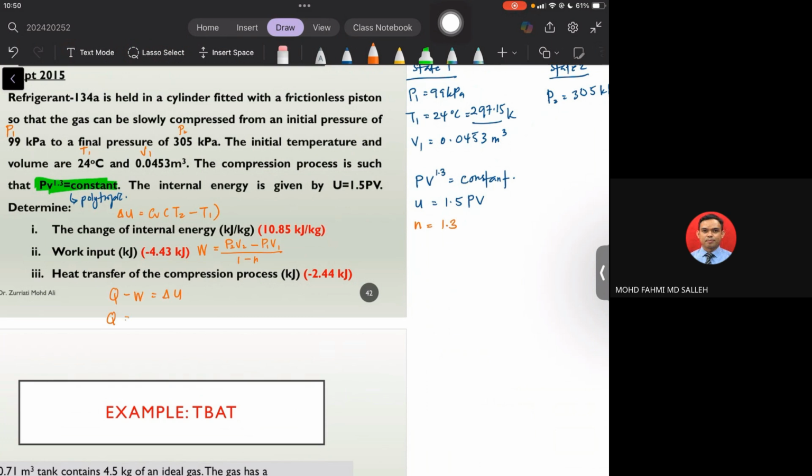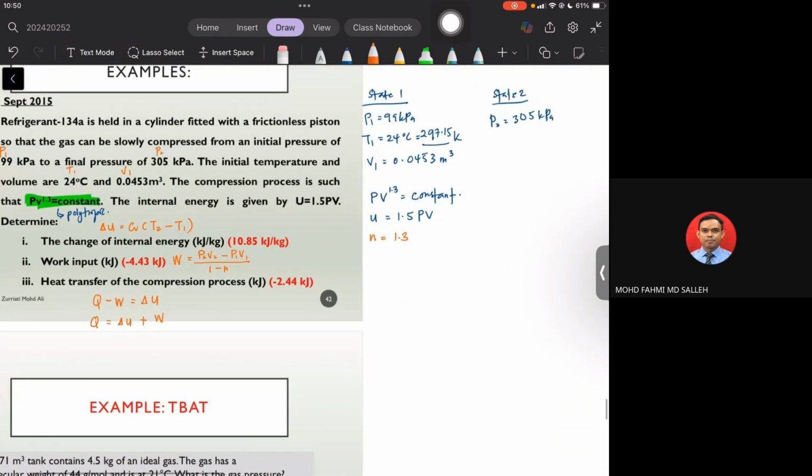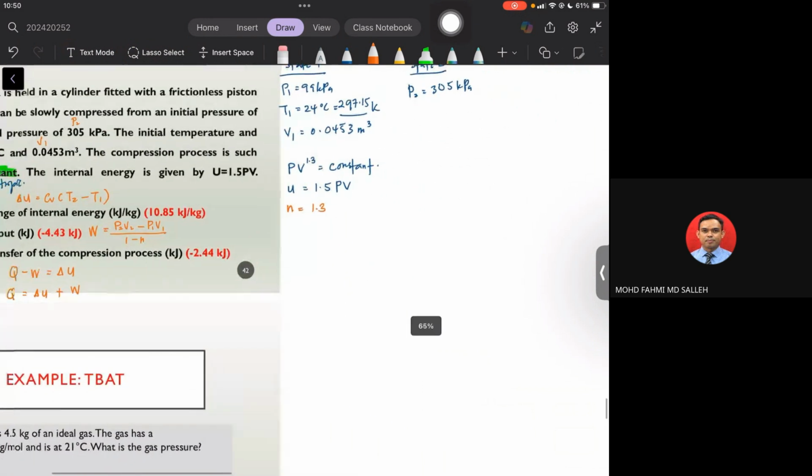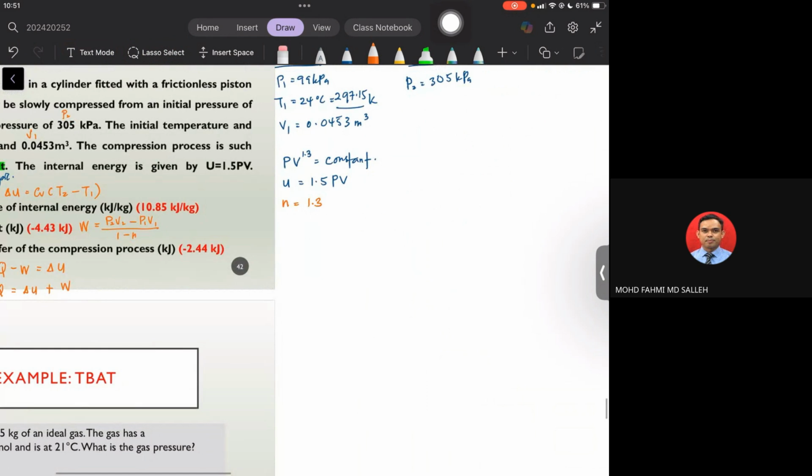Thus, the heat transfer will be changes in the internal energy plus the work input, right? So let's solve this question, right?